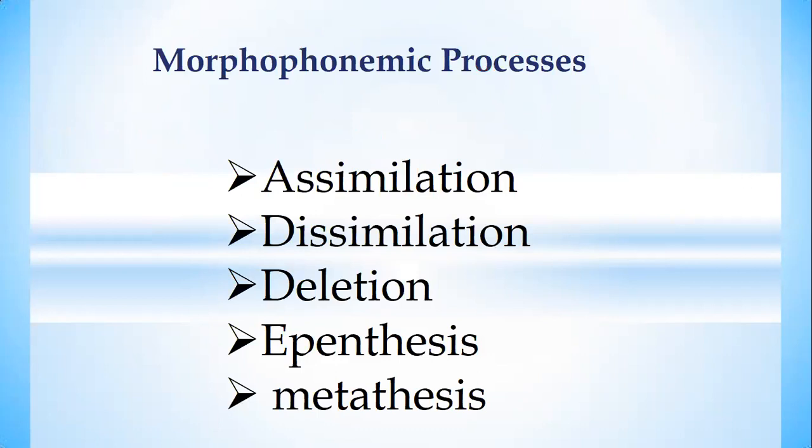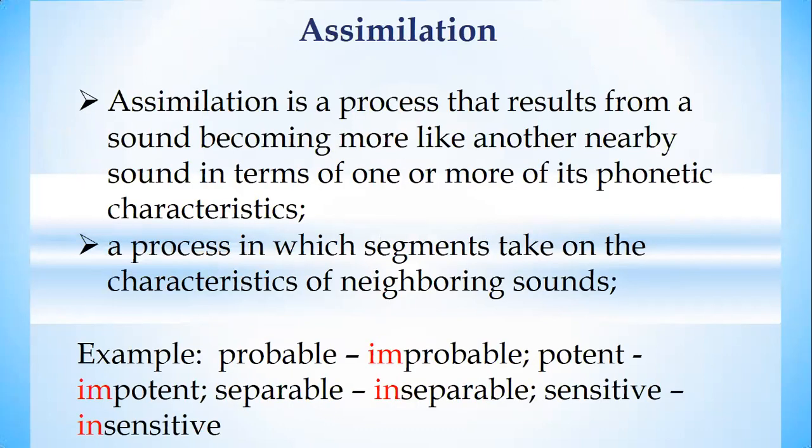Under this, we have assimilation, dissimilation, deletion, epenthesis, and metathesis. Assimilation is the process that results from a sound becoming more like another nearby sound in terms of one or more of its phonetic characteristics.